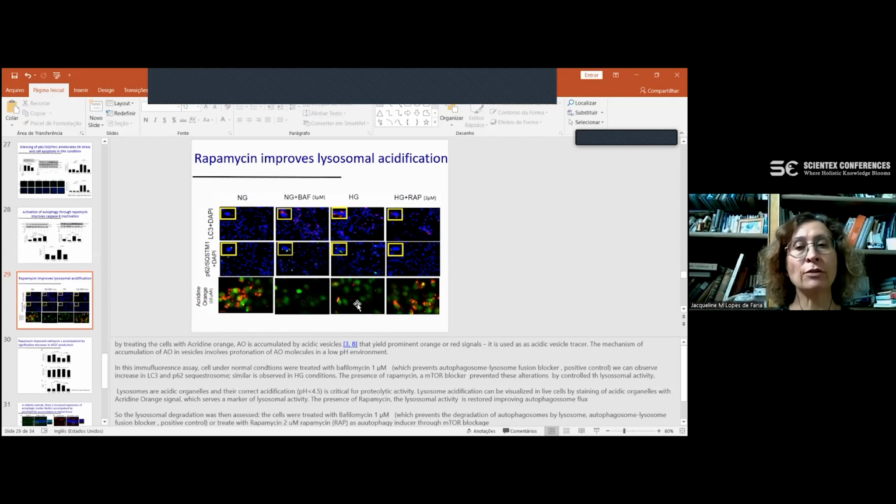In the high glucose, by contrast, we see a lot of autophagosomes with very few lysosomes fused and functional. In the presence of rapamycin, cells under high glucose condition return, or rapamycin restores the activity of lysosome, similar to what is seen in normal condition.